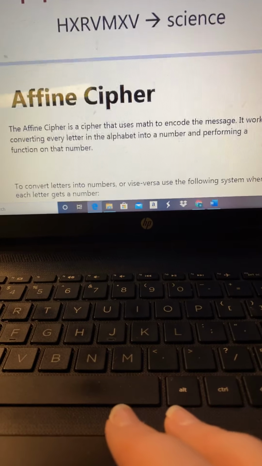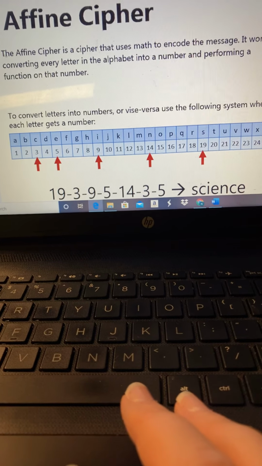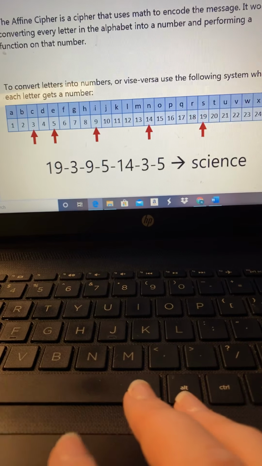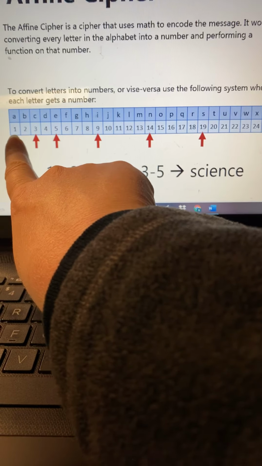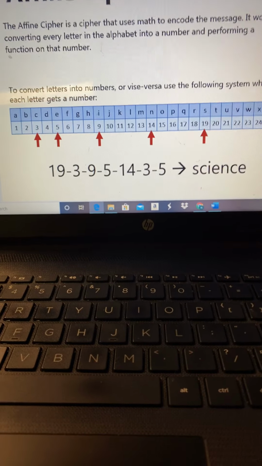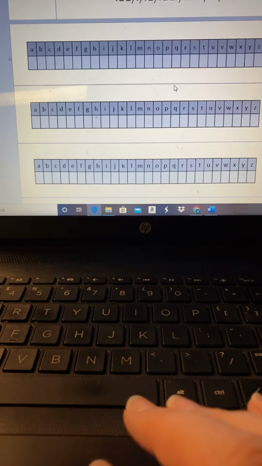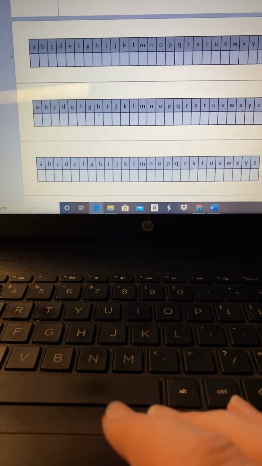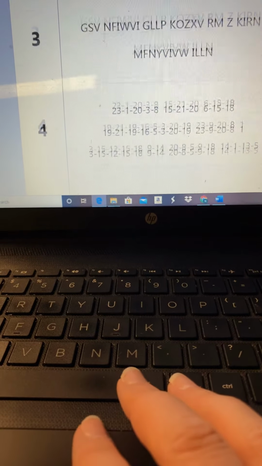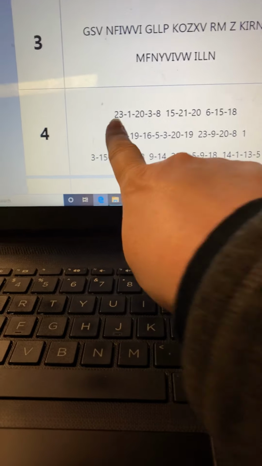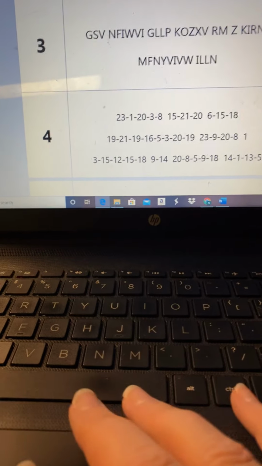Okay, the next one is the affine cipher. So the affine cipher, you're converting numbers to letters. So we're counting 1 through 26, and then you go up here, you use the numbers and convert it over.